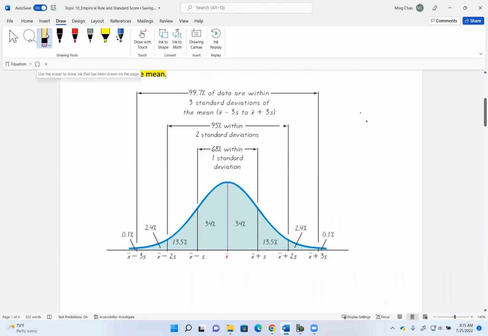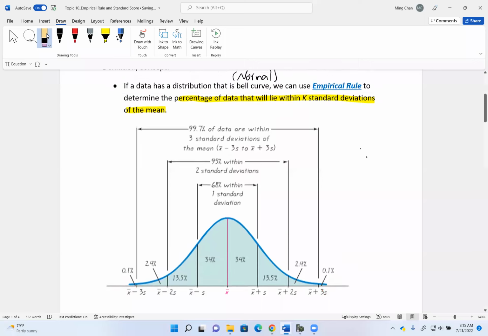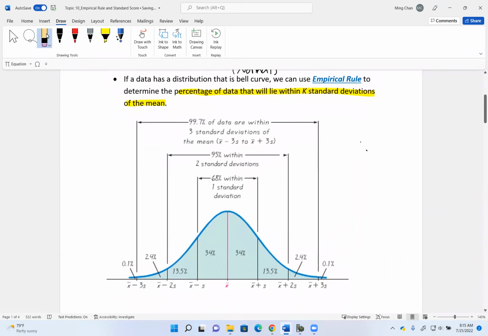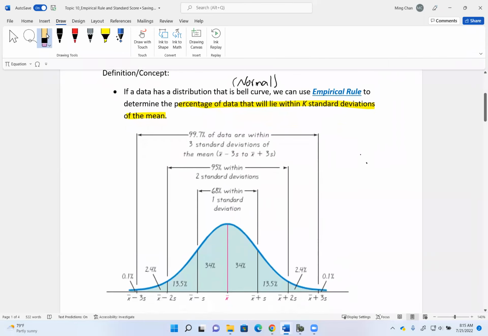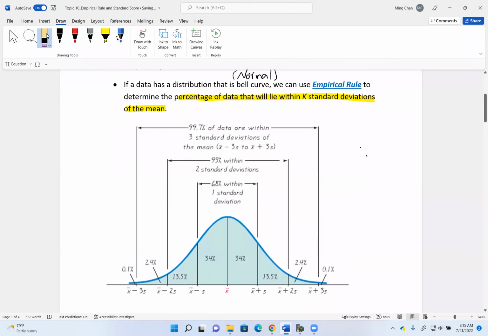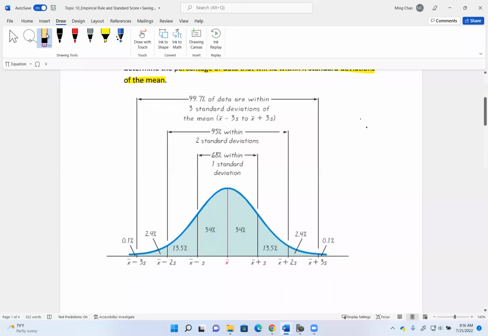The picture is really good. It breaks down each individual section. We will use this picture in a minute to answer a lot of questions. So the empirical rule tells us the percentage of data that will lie within so many standard deviations of the mean, in the middle.